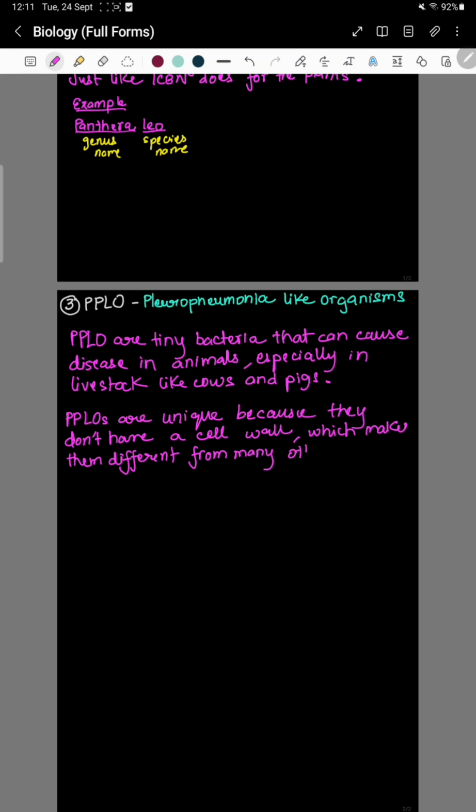So I gave you a small information about PPLO. Okay, so PPLOs are tiny bacteria that can cause disease in animals, especially in livestock like cows and pigs. PPLOs are unique because they don't have a cell wall, which makes them different from many other bacteria.